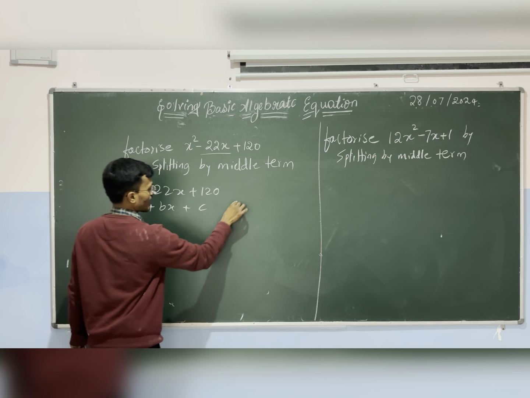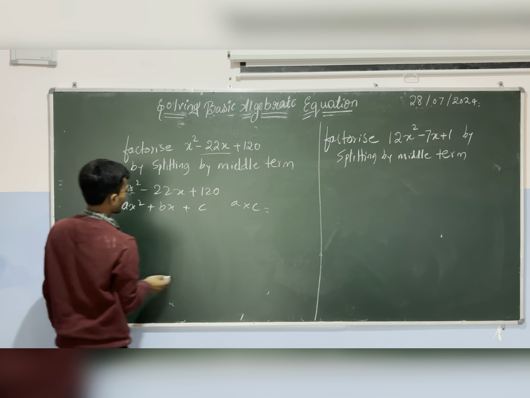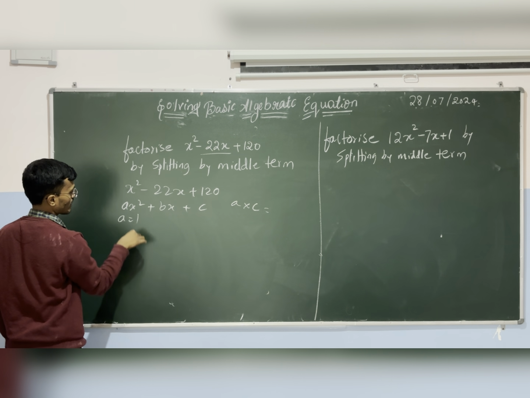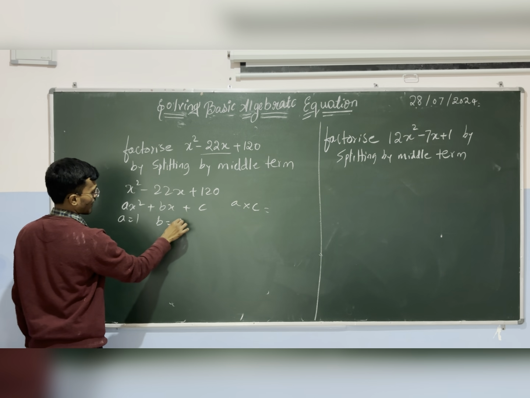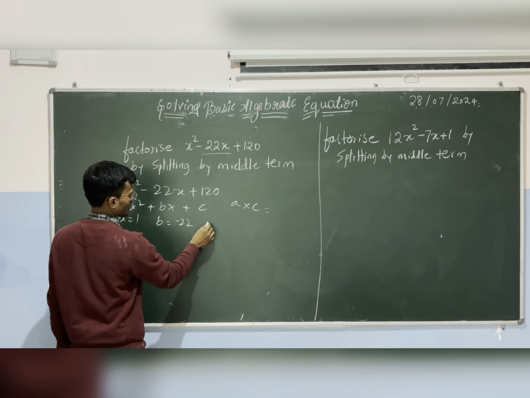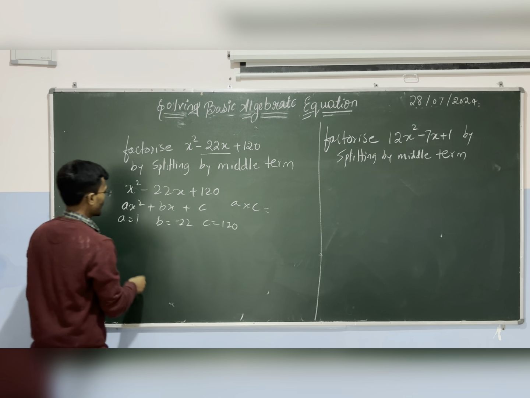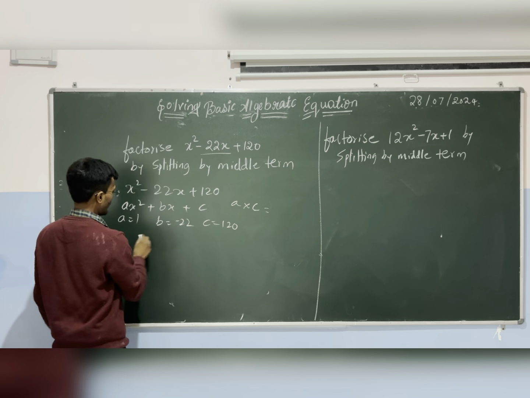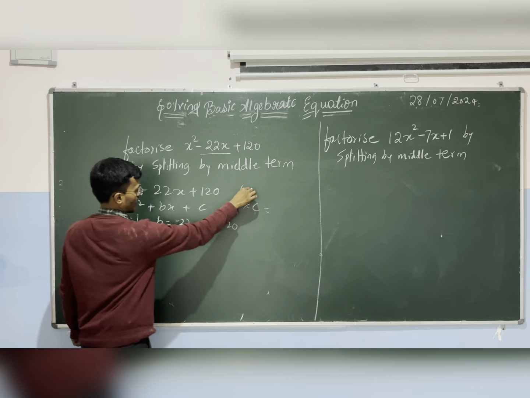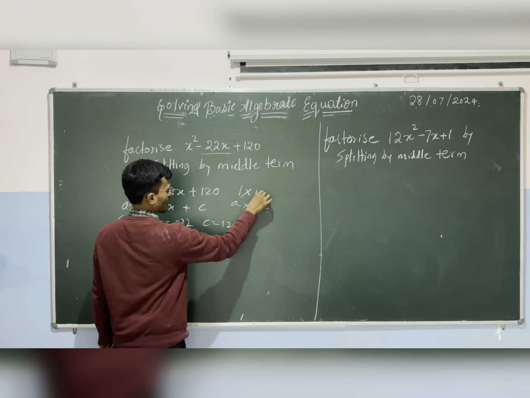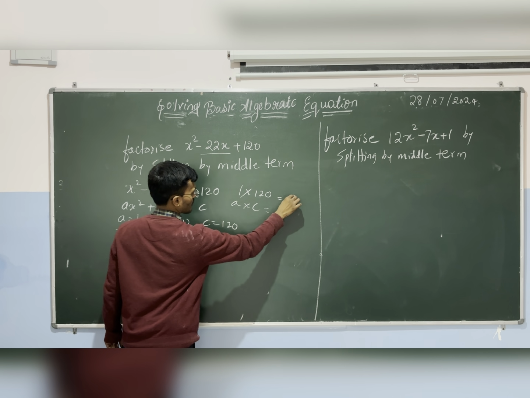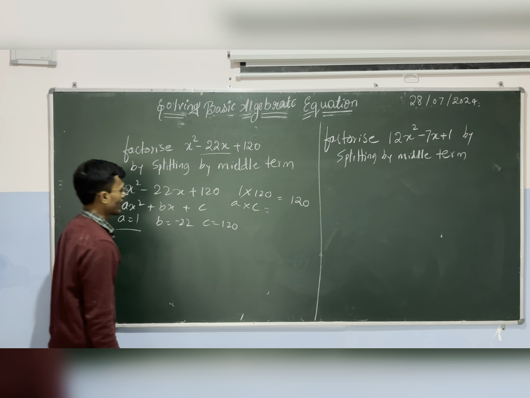Here a is 1, b is minus 22, and c is 120. So a into c is 1 into 120, and the answer is 120.